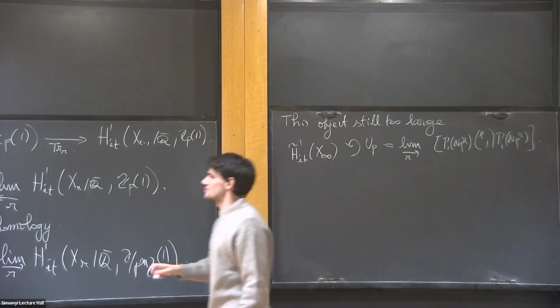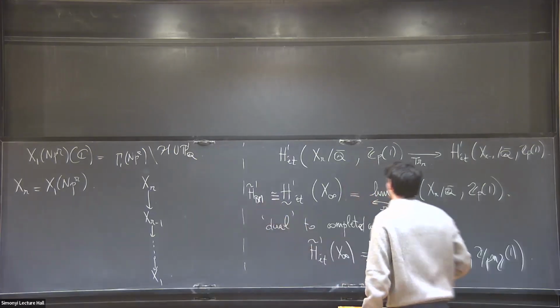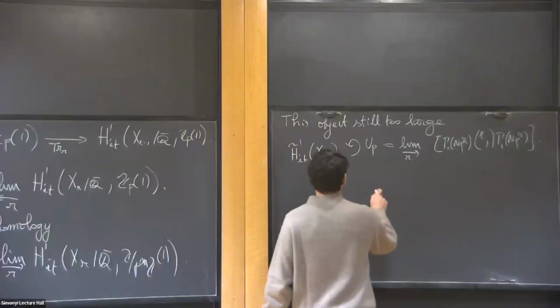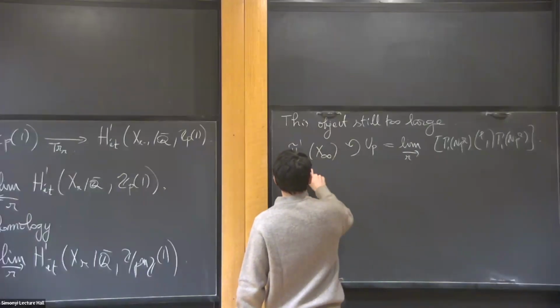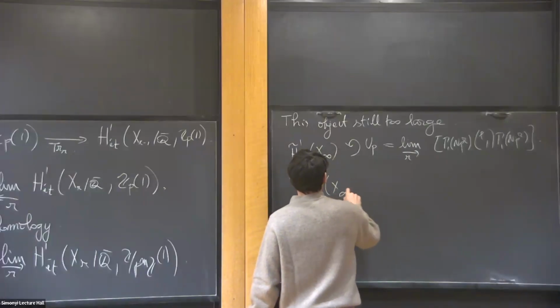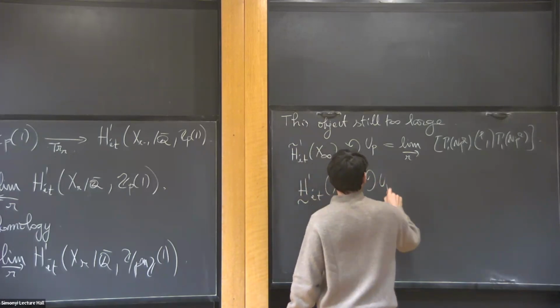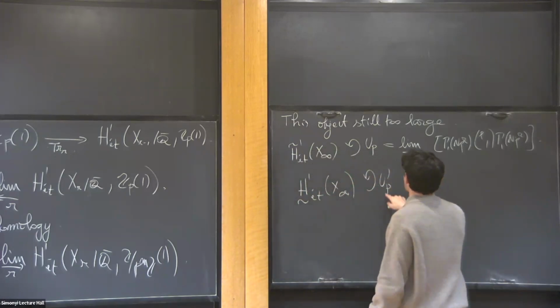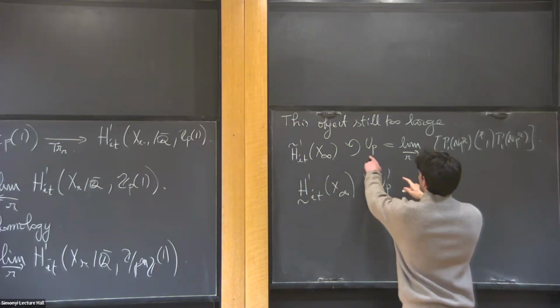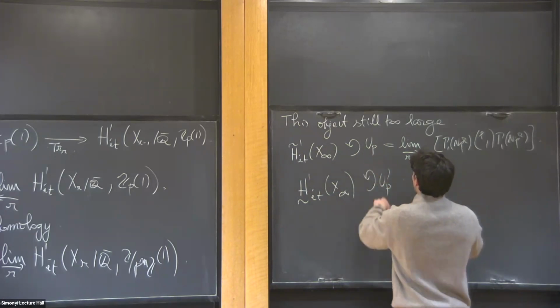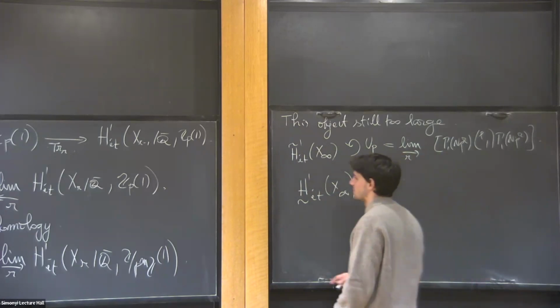And on this object, the Borel-Moore homology, you have the adjoint, U_p prime, which is the adjoint of U_p, and you can also describe it as some kind of Atkin-Lehner conjugate of U_p.